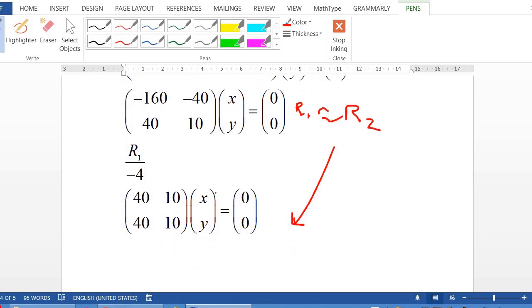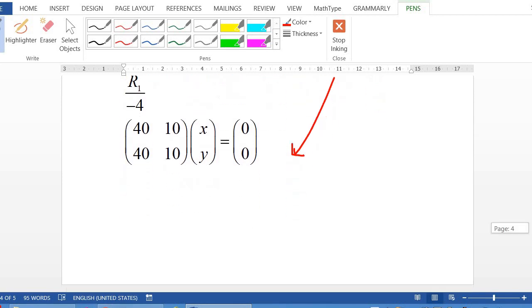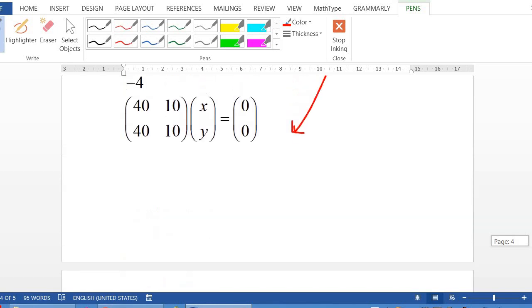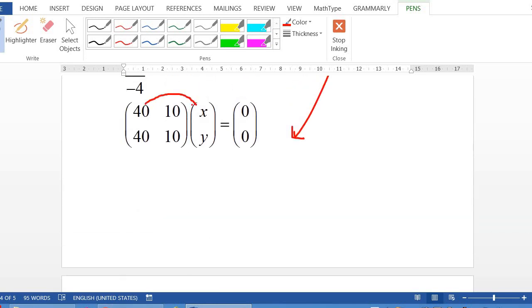It means we have two unknowns x, y to be solved. However, it reduces to only one equation, which is 40 times x plus 10 times y. Remember the product of a matrix row times a column: you take this element, multiply this one, multiply this one.